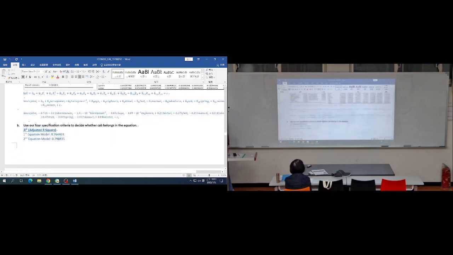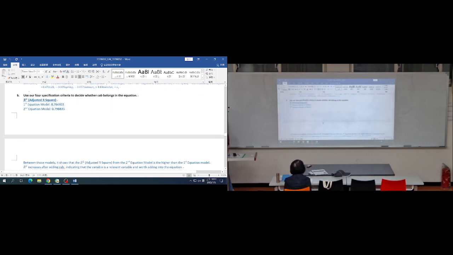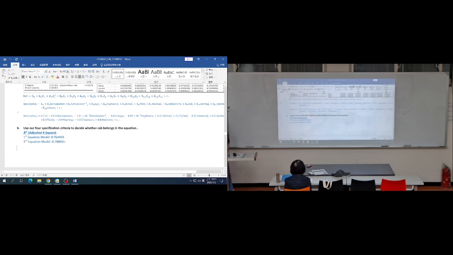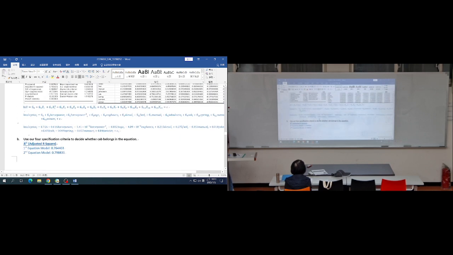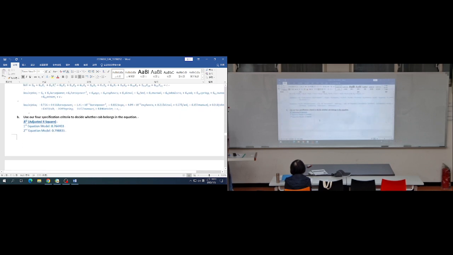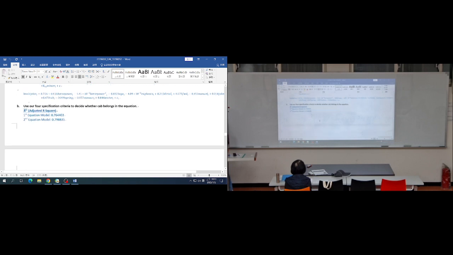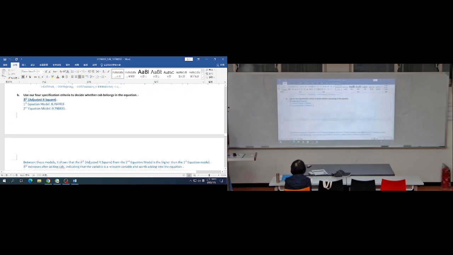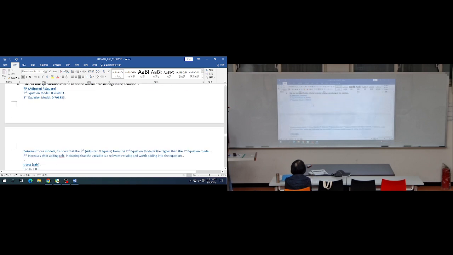Step 4B. This is our equation, the result. And the 4 criteria: we skip the theory part because we think the theory is correct. The second one is the adjusted R square. From this result, the adjusted R square of the second equation model is higher than the first equation model.